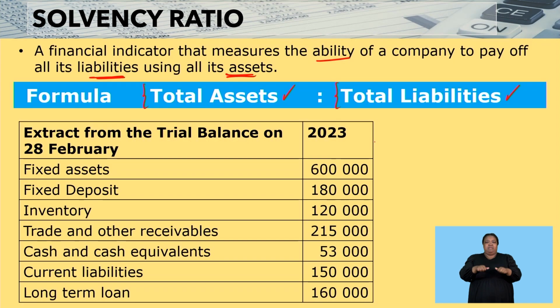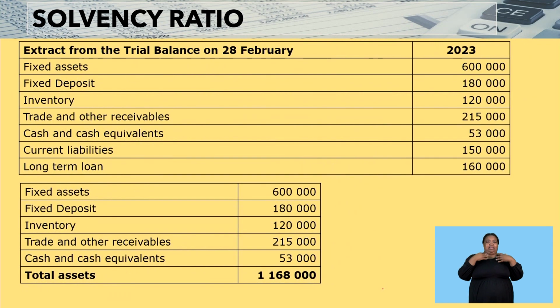On this extract, you can see we have our fixed assets, fixed deposit, inventory, trade and other receivables, cash and cash equivalents, our current liabilities, as well as the long-term loan. What we want to do is calculate the solvency ratio, but in order to do that, we first have to get our total assets.